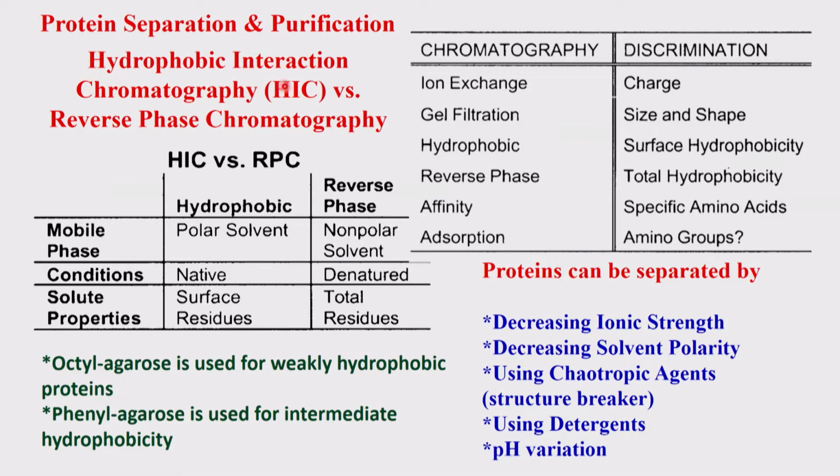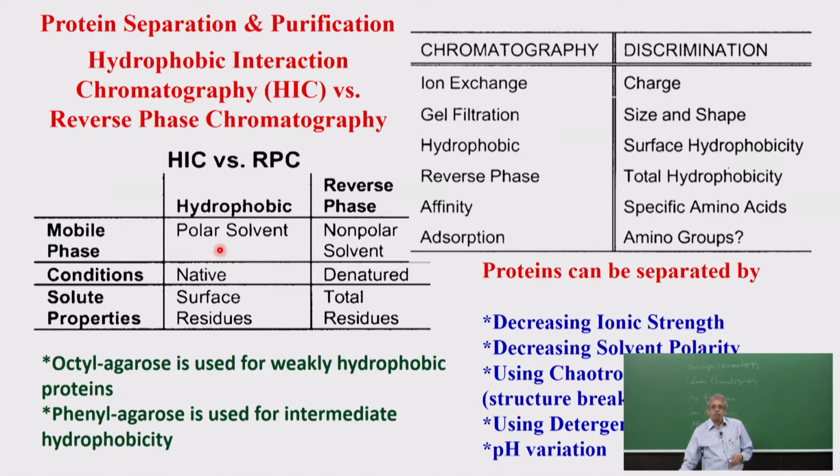So hydrophobic interaction chromatography, and then we also have reverse phase chromatography. Let us look at the differences or commonalities between these two. In the hydrophobic interaction case, the mobile phase is water, a polar solvent, and in case of reverse phase it is a non-polar solvent, not water. And in case of hydrophobic interaction, the protein is not disturbed, the protein is in its native state.